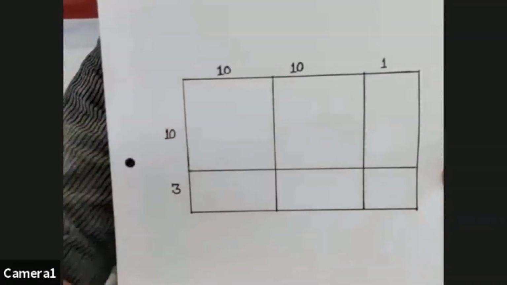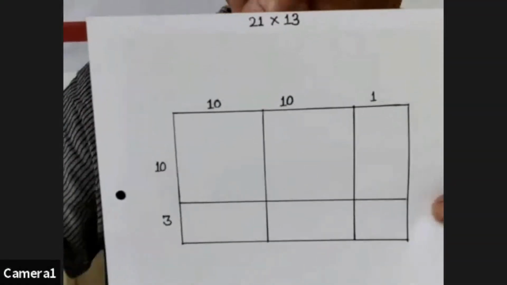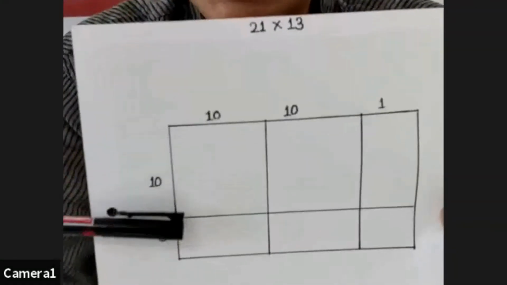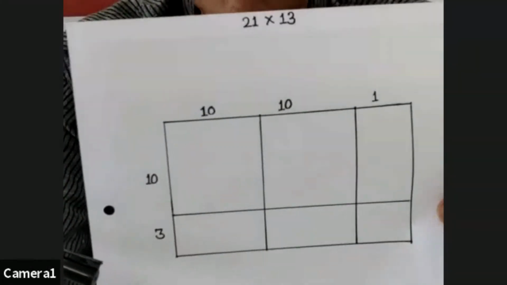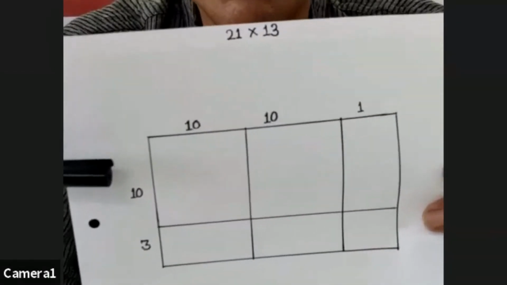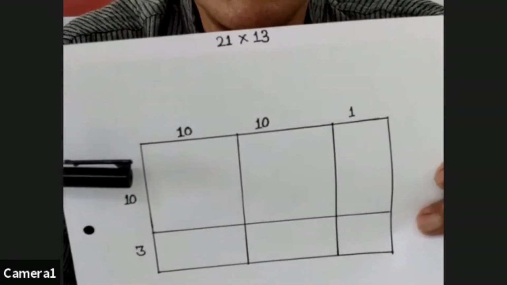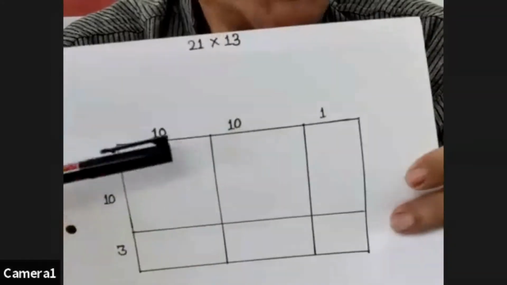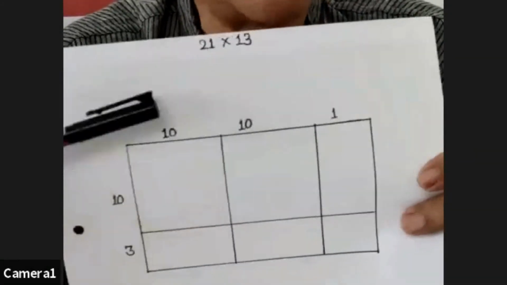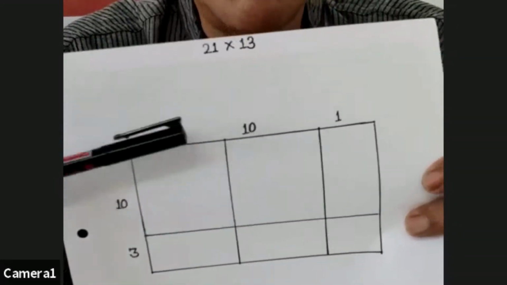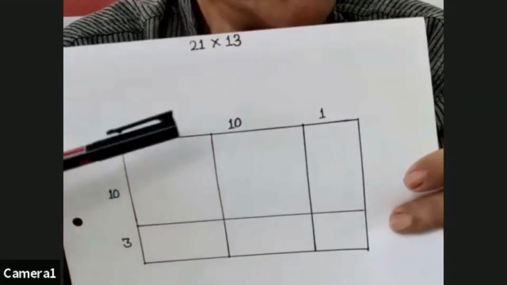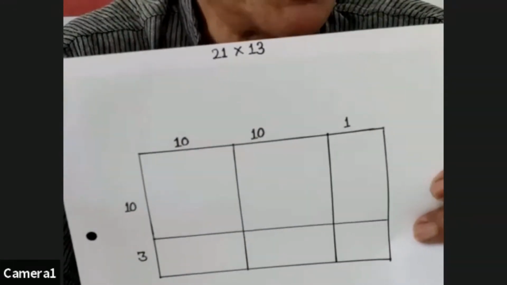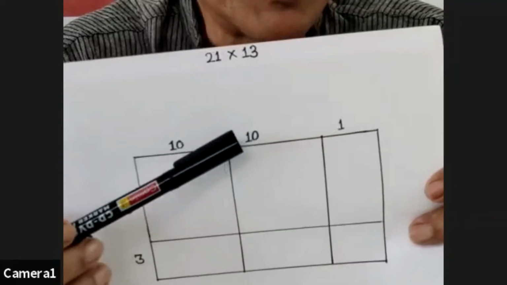This is 21 on top, this line here, into 13. You divided it into 2 parts, 20 plus 1. I divided it in the first line into 3 parts, as 10 plus 10 plus 1, using the same thing about keeping the tens separate and the units separate.